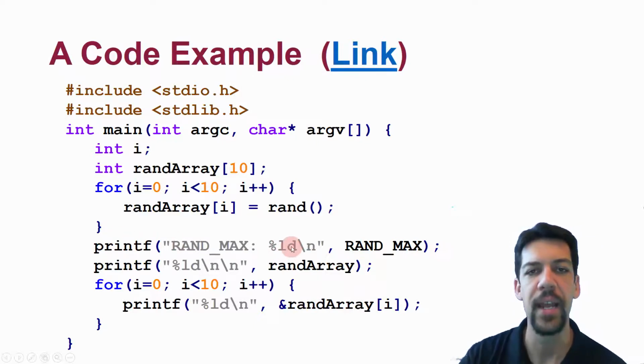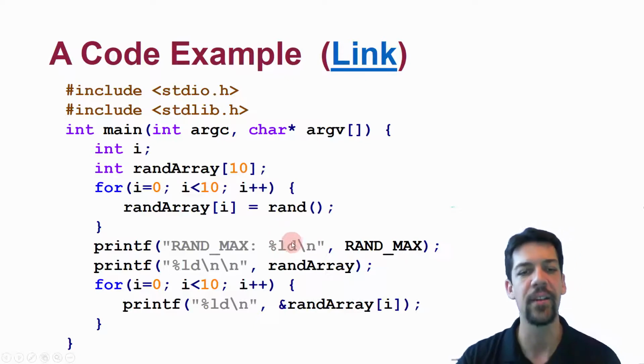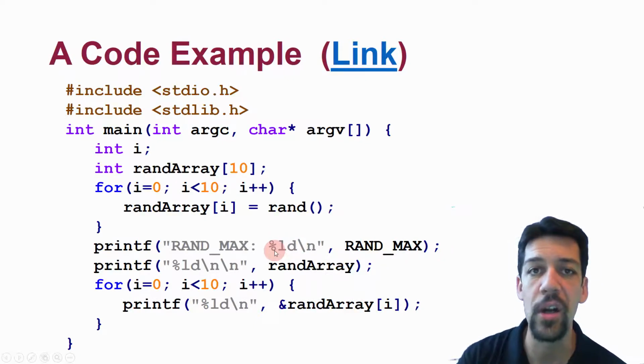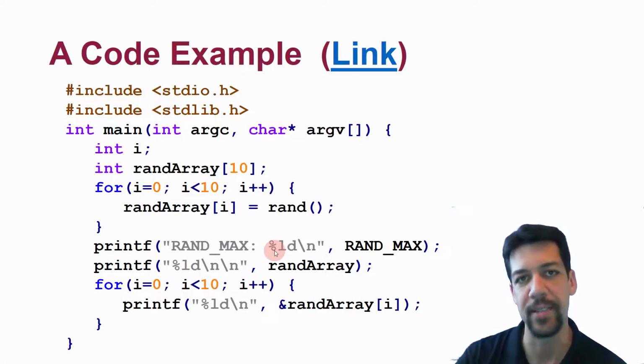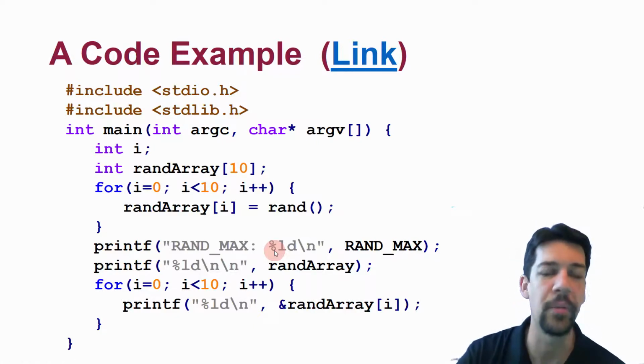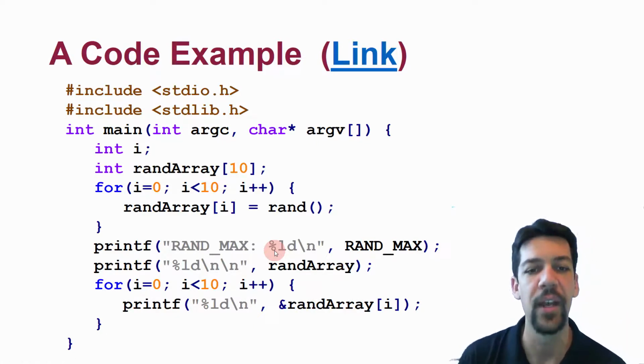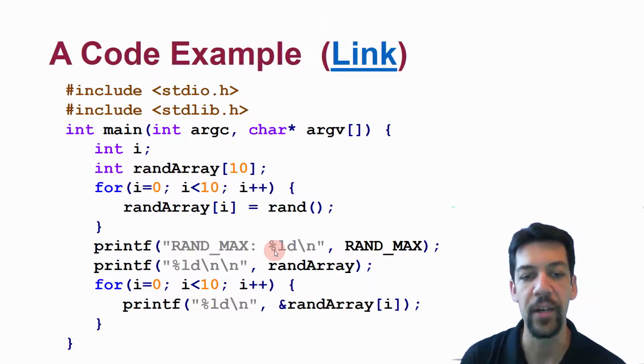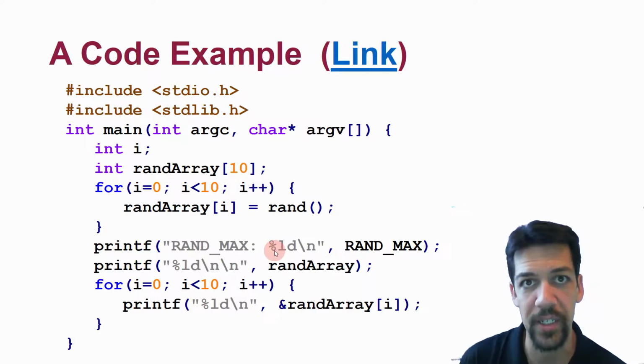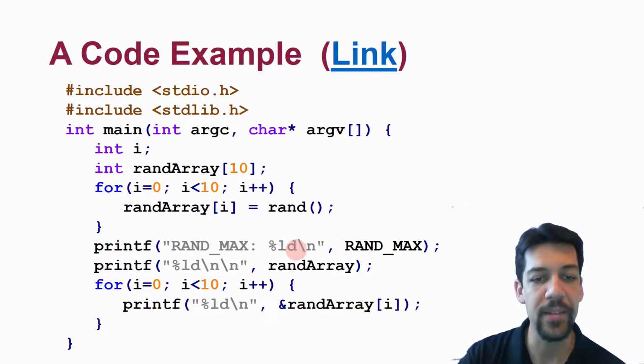This is a formatted print, and it has an LD here. What this LD means is I'm going to print out a long decimal. It's a 64-bit decimal, and that's what I need to be able to print out the complete address of a particular value on this particular computer. So basically, I'm printing out a big number with these printfs.